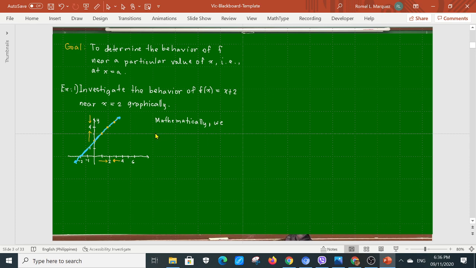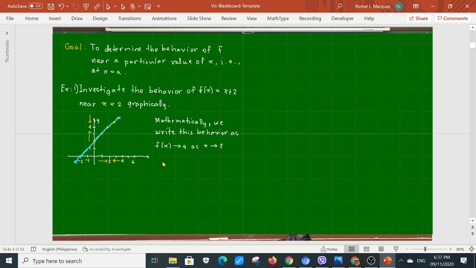I'm the only one writing, but I will include you. How do we write mathematically this behavior? Are you excited? This is how we write that behavior. f of x approaches 4 as x approaches 2. That is how we write it mathematically.